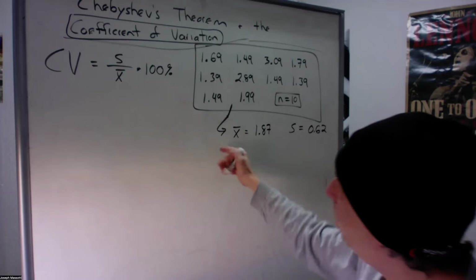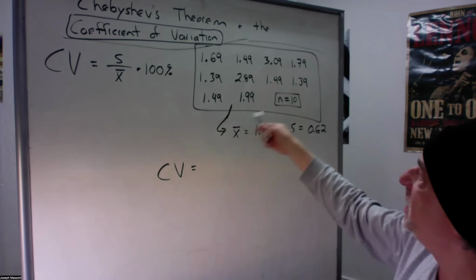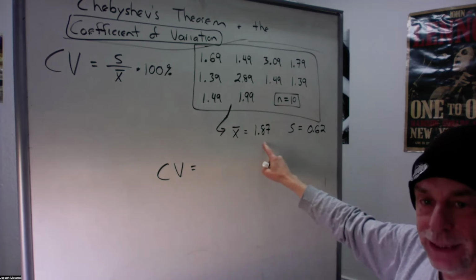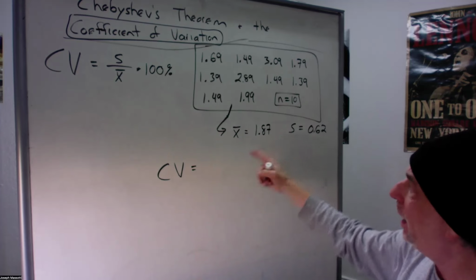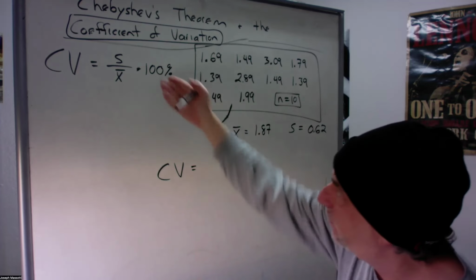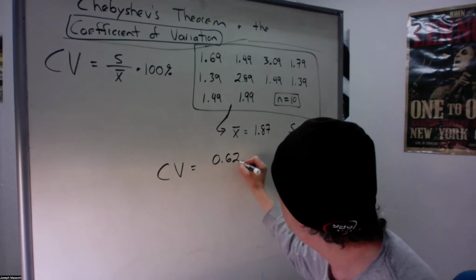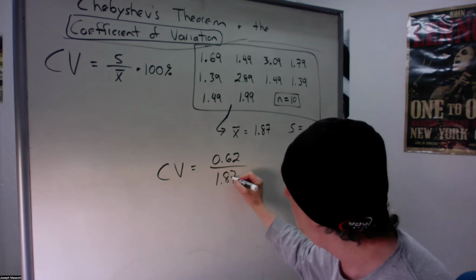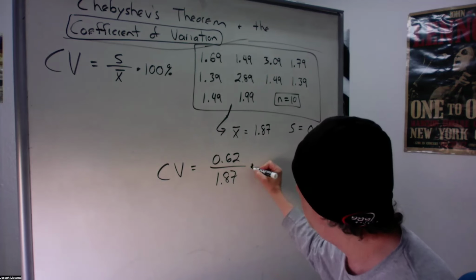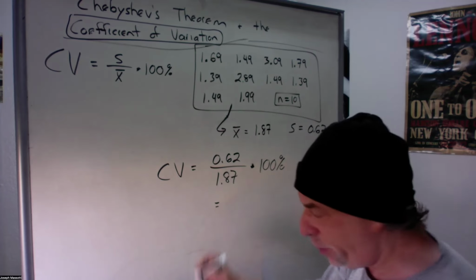So if we want the coefficient of variation for this data set, we first need to find the mean and the standard deviation, which we've already done in this case. And then all we got to do is formulate that ratio of 0.62, the standard deviation, over the mean, and then we're going to multiply it by 100, and we're going to call it a percentage.